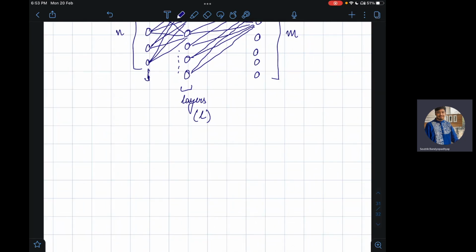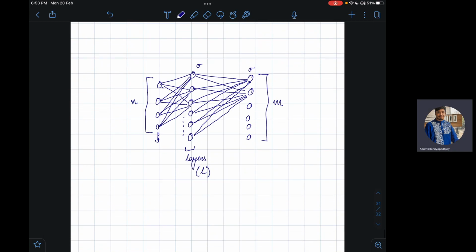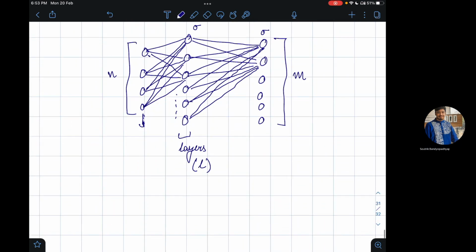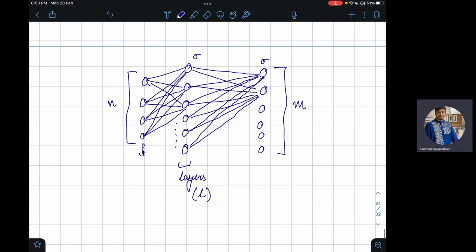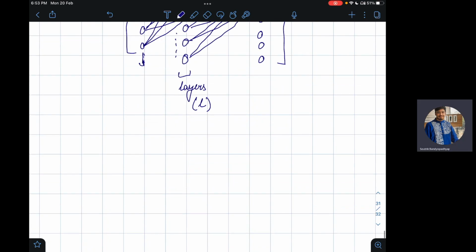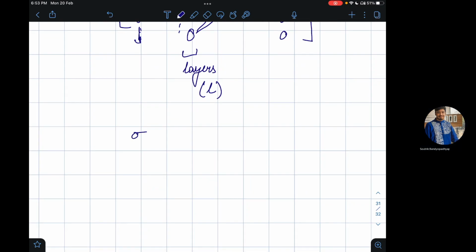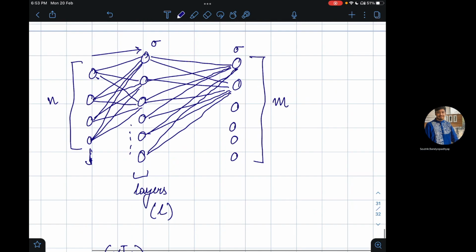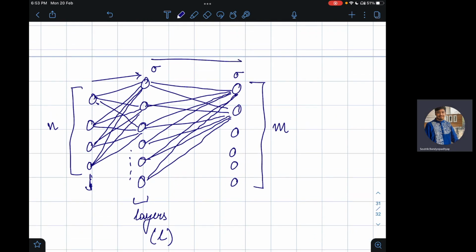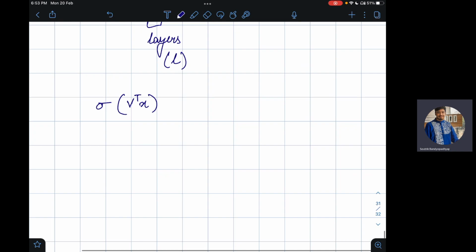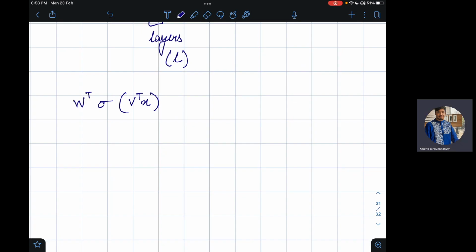So in essence, the transformation from this layer to this layer, you can encapsulate by saying sigma of, let's say, V transpose X, and from this layer to this layer, you can write W transpose sigma and then again sigma.